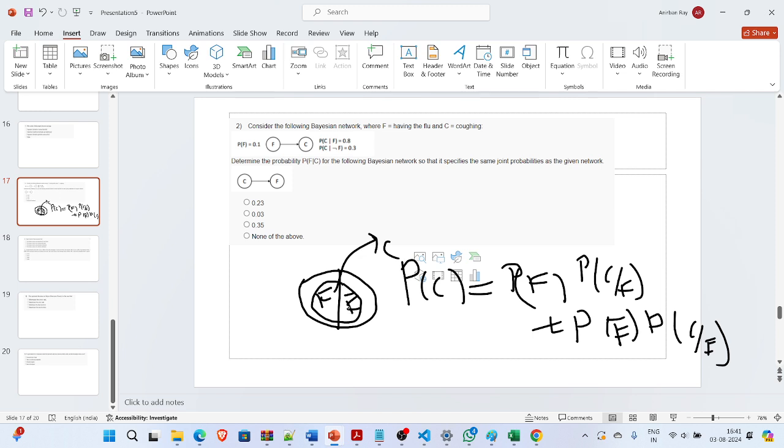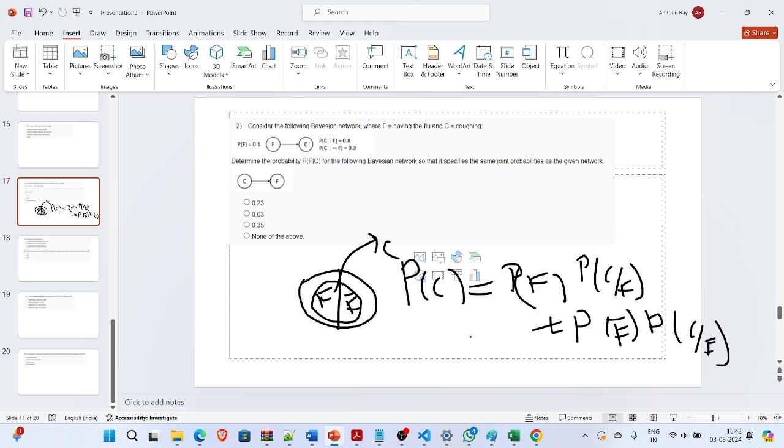Very simple, right? If F has occurred, then C can occur. If F has not occurred, then C can also occur. So adding the two cases gives the full circle, that is the probability of C.